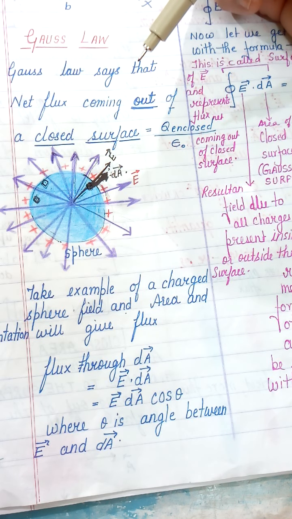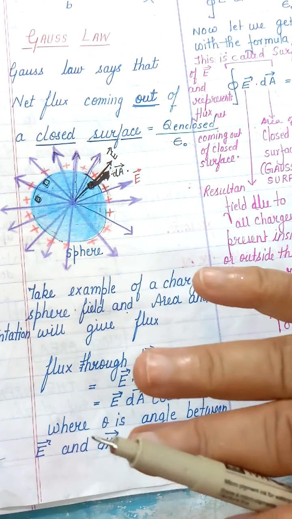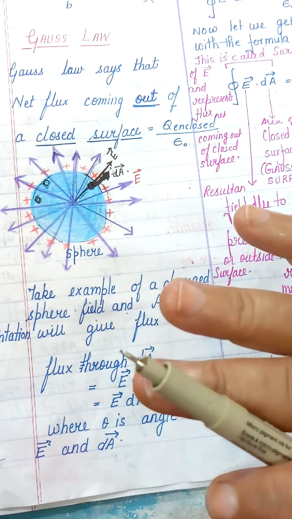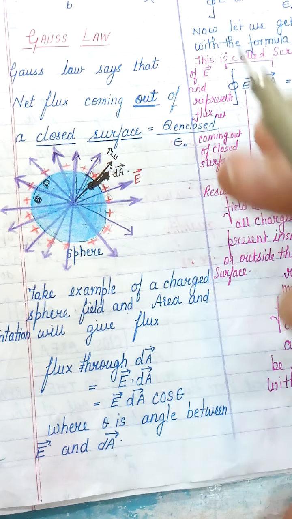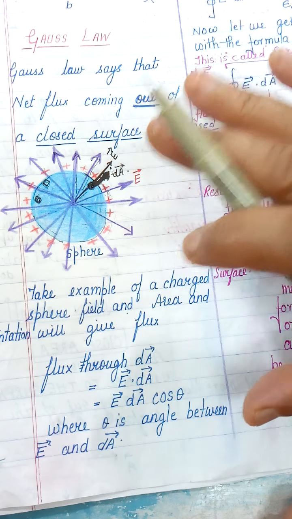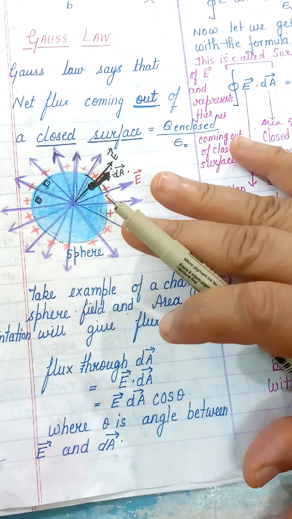But the condition is that although Gauss law is applicable everywhere, we can calculate electric field using this law in symmetrical situations only.